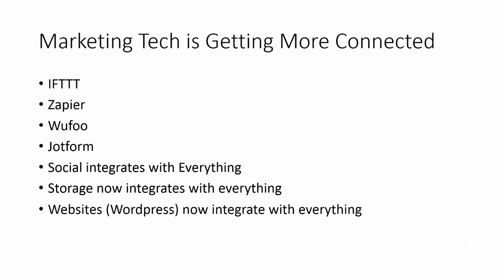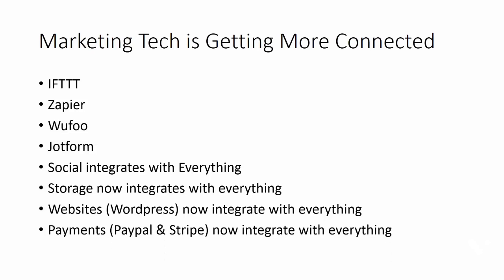You can use your WordPress website in particular and integrate it with just about everything we have talked about. And now you can even integrate your payments, PayPal and Stripe and anything else you use. Some of you probably even use something called Bitcoin. You can do just about anything you want and integrate and connect these things.